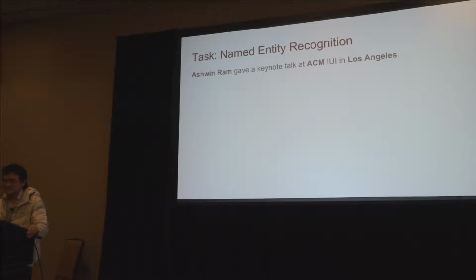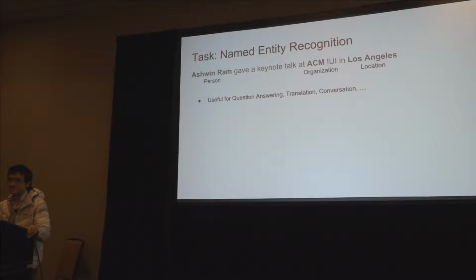Given this sentence, the task is to annotate who are the person, the organization, and the location in this text. This is a very useful task in natural language processing. It is useful for many downstream applications in translation or question answering or conversation.